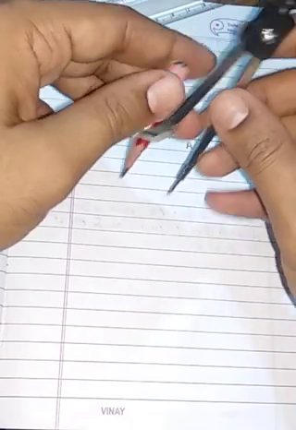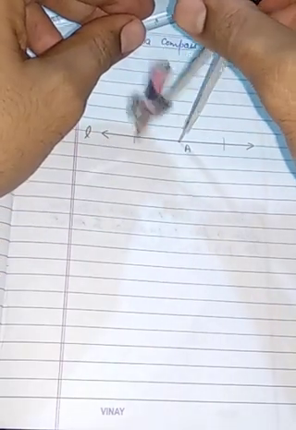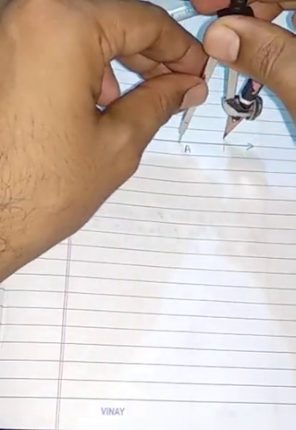Adjust any span of your compass so that it does not cross the line. Then from this given point A, you have to mark an arc on both sides of the line. See here, to your left, to your right.